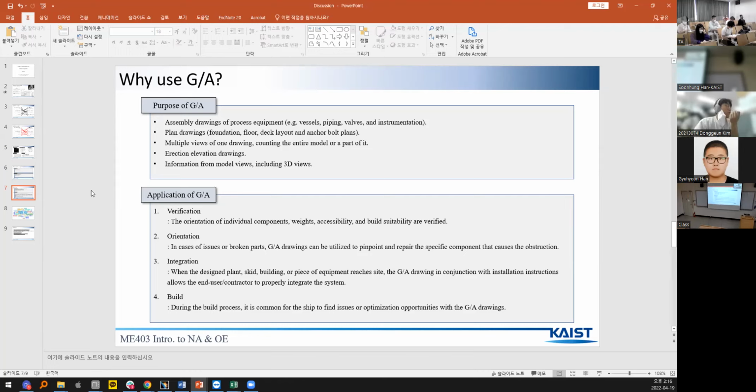And the application is verification or orientation, integration and building and experiment. You can see each part.